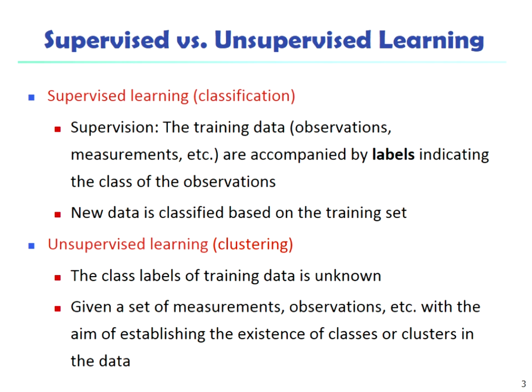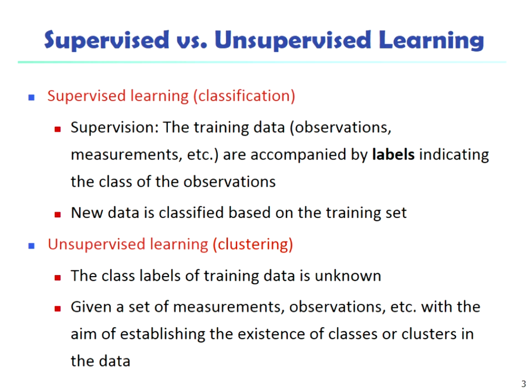In unsupervised learning, there are no class labels, so the class labels of the training data are unknown, and we want to create clusters or groups. We want just to group data together in one group, and based on what? Based on similarity. If the tuples are similar, we will group them together in one group.